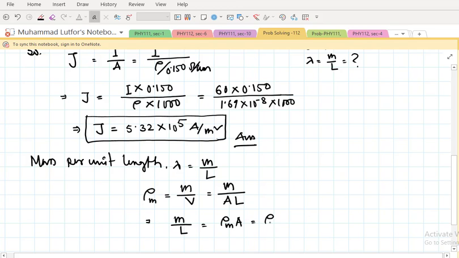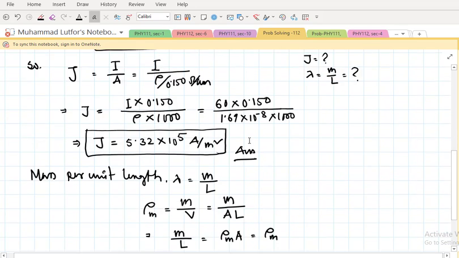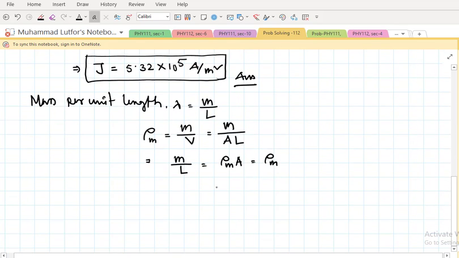Now the area we have already found from the previous case: area is resistivity divided by 0.150 ohm per kilometer, right?